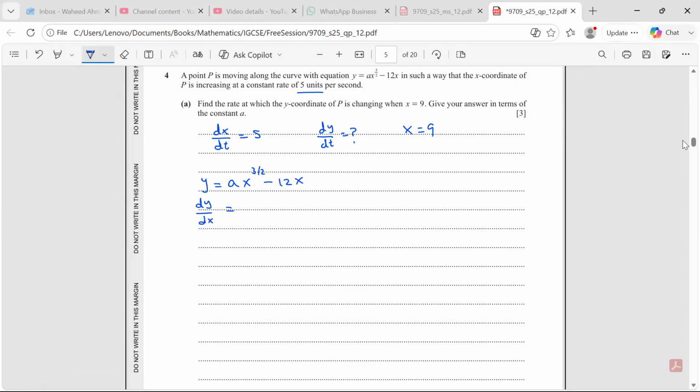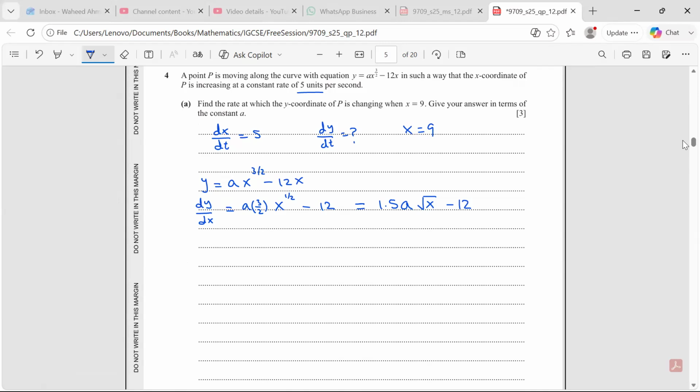This is going to be a times 3 by 2 into x power 3 by 2 minus 1, which is 1 by 2, minus 12 only. Am I right? So we can simplify it as 1.5a under the root x minus 12. Okay, I found dy by dx.